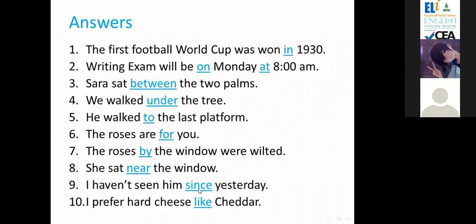I haven't seen him since yesterday, here time. I prefer hard cheese like cheddar, for example, such as. So all of these are the contexts in which they are used.